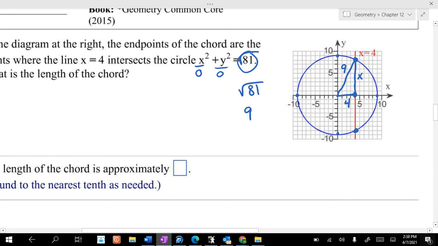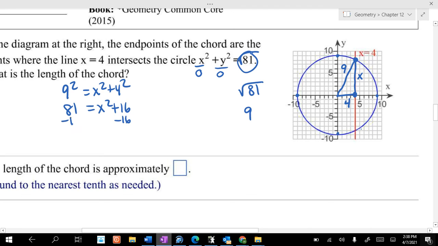And somebody earlier said, well, can't we just count the squares? And no. Well, if I erase my little dot here, this doesn't go exactly right through there. Really, really close, but not exactly. So we've got to do the Pythagorean theorem. 9 squared equals x squared plus 4 squared. So 81 equals x squared plus 16.